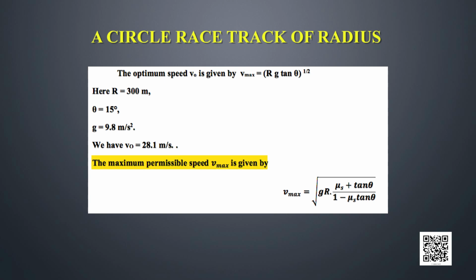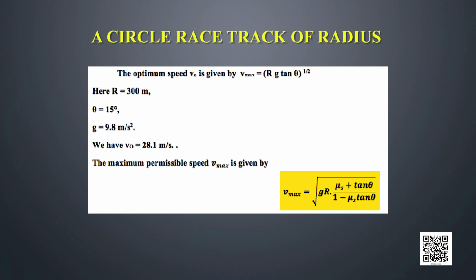If the frictional force is also included, then the maximum permissible speed v maximum is given by the relation v maximum equal to square root of g into r, mu s plus tangent theta over 1 minus mu s tangent theta, where mu s is the coefficient of static friction.